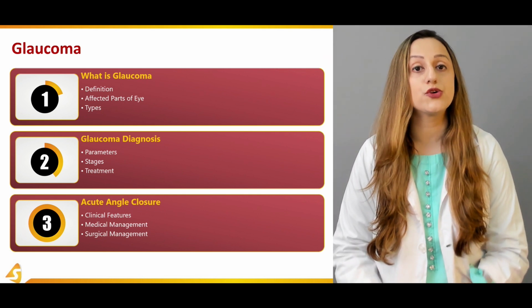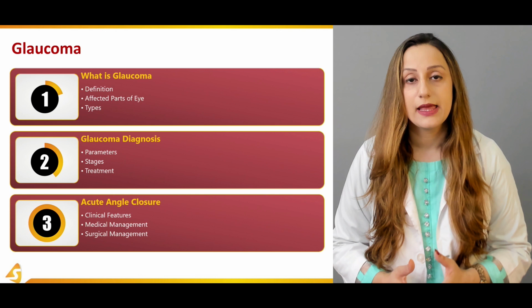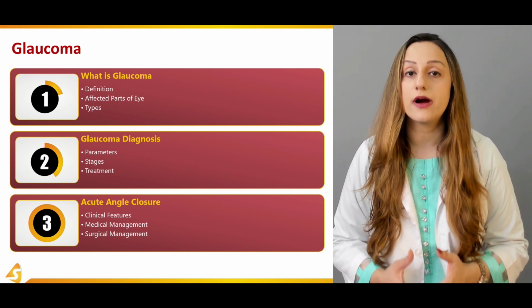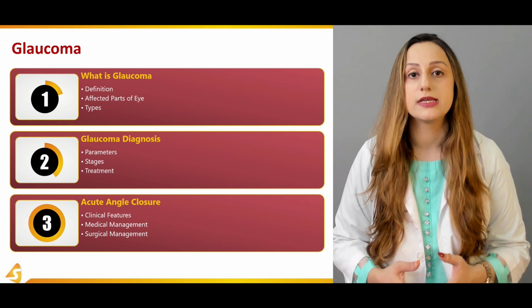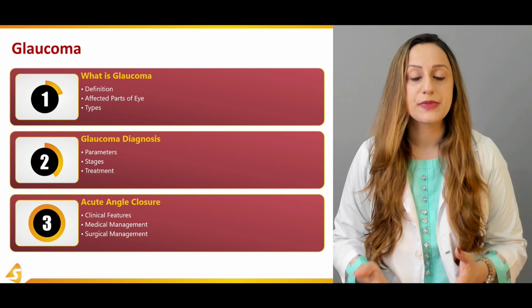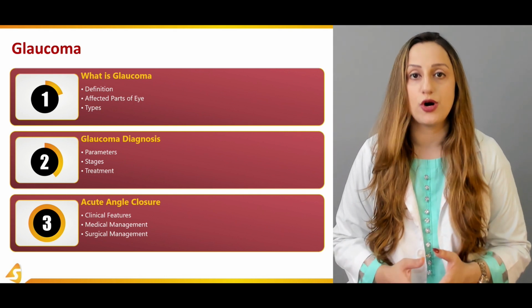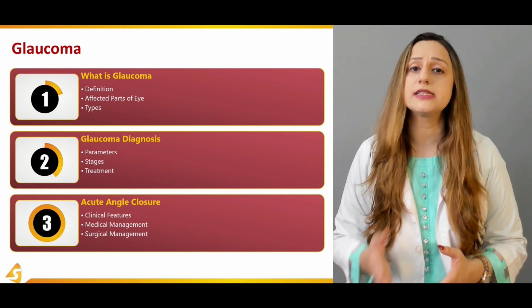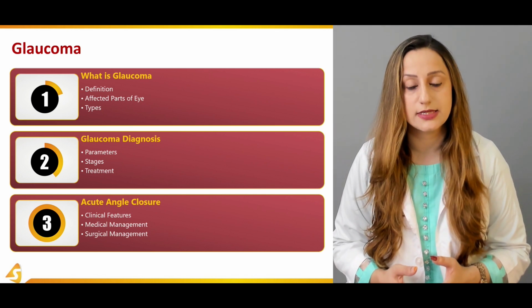If there is an increased intraocular pressure, how can it affect the structures of the eye, and what are the damages that it can cause, which subsequently result in permanent vision loss of the patient? And then the different types of this glaucomatous condition.